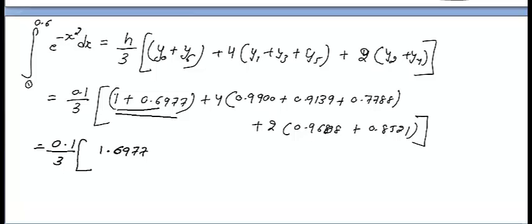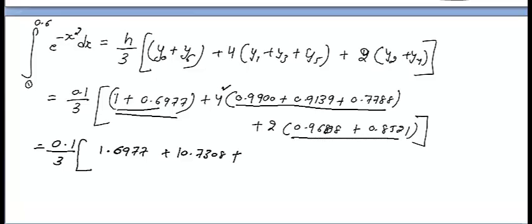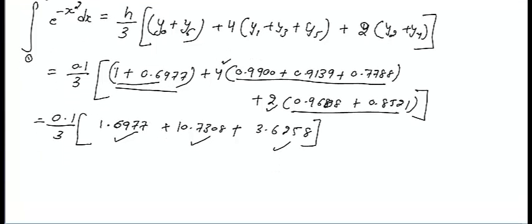When you add these three values and multiply with 4, you will get 10.7308, plus when you add these two values and multiply with 2, you will get 3.6258.